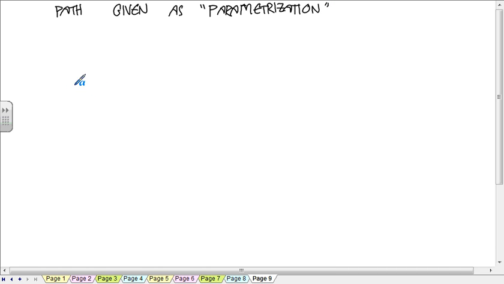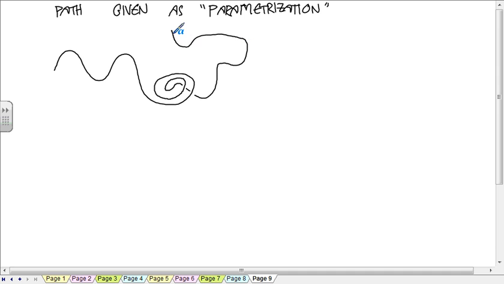So if an object's going through some crazy path like this, this path requires 3 dimensions in general to live in, right? But how many dimensions is the path itself? It's not even 2, it's only 1, because at any location you can only go this way or that way.